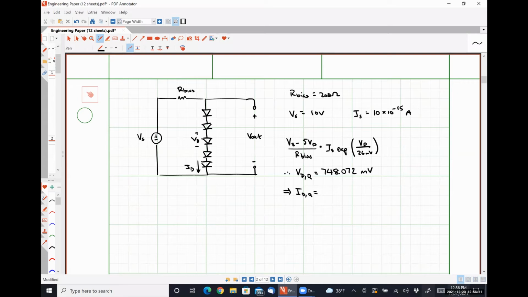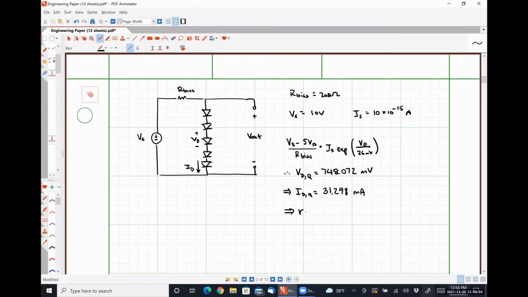So if we sub in our known value for VD into this side or that side, we'll wind up finding out what our diode current is, which in this case I got to be 31.298 milliamps.